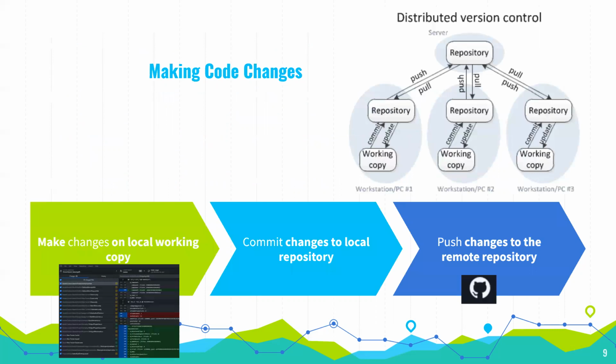So here's a little flow chart. You make your changes, you commit the changes, you push the changes. And you'll notice you commit to a local repository and you push to a remote repository. That's a pretty good diagram of how it works. So there's 3 different branches here. Person 1 has a working copy. If they commit, it'll go to a local repository that's stored on the computer.